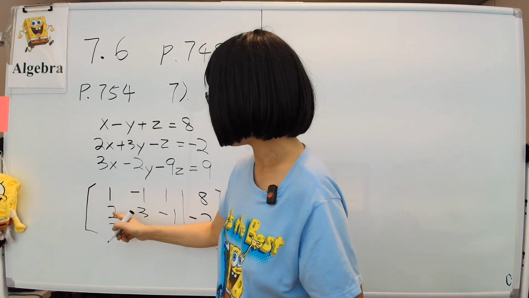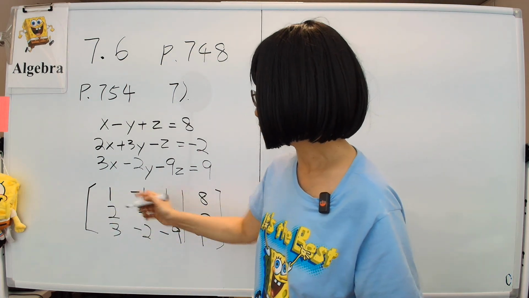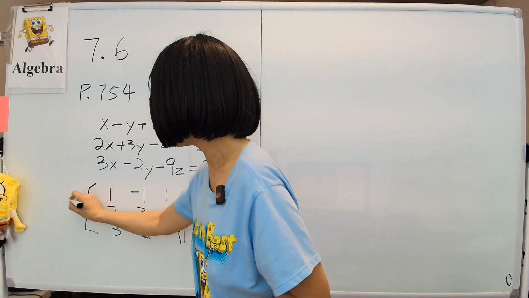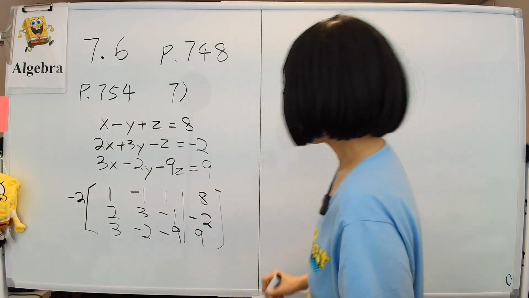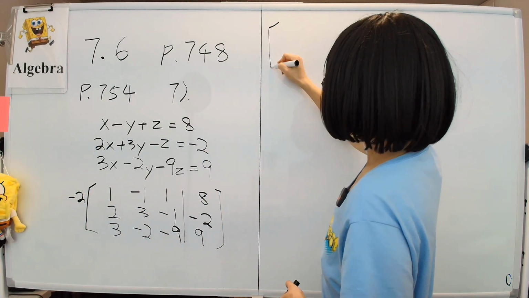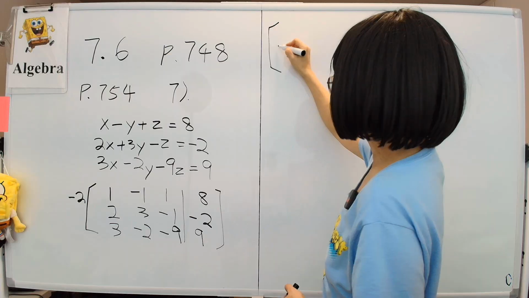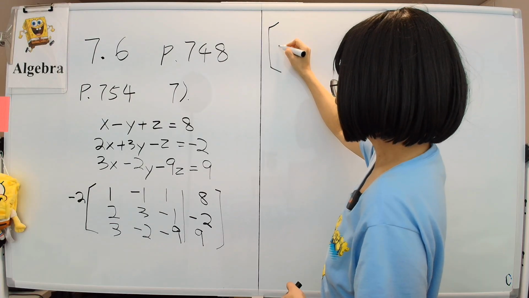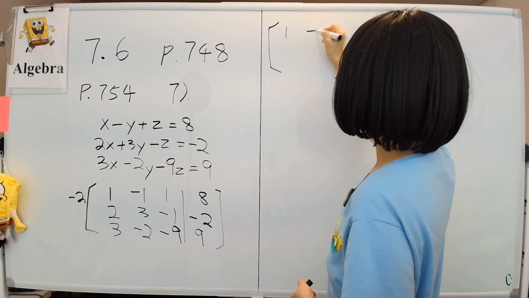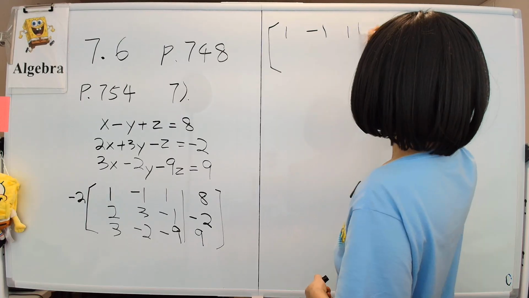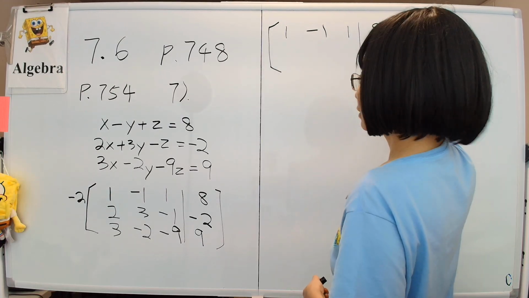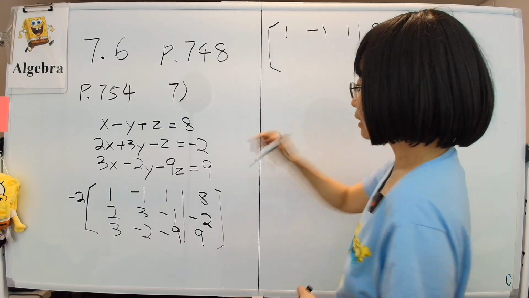To knock this out into 0, we'll multiply the first row by minus 2. And I will write it down here. So right now we're working on the second row. And I'll write down the first row here, 1, minus 1, 1, and 8.